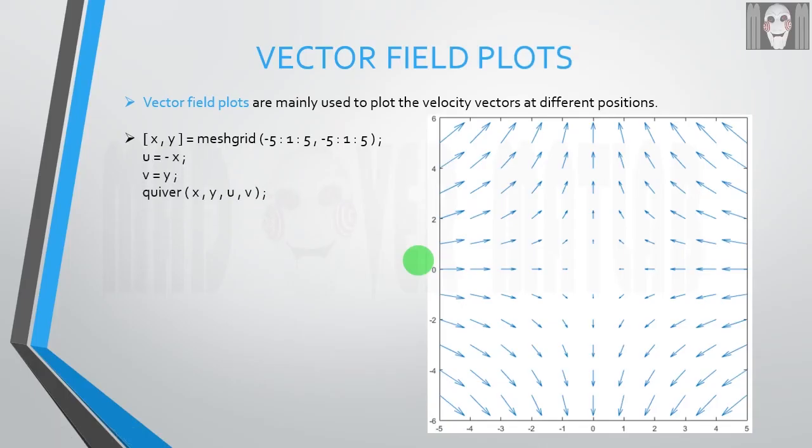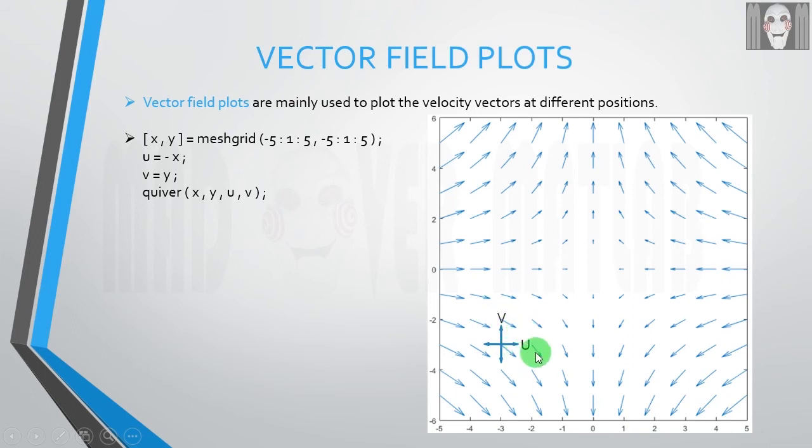Next, let us move on to the components of the velocity vectors that you want to plot. Now these vectors here are resolved in two orthogonal components along these two axes. The first is the u component and the second is the v component.